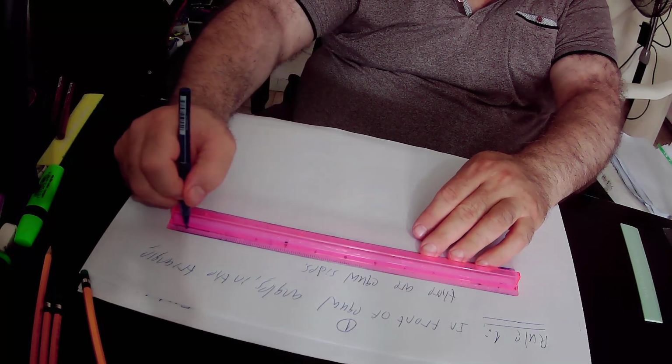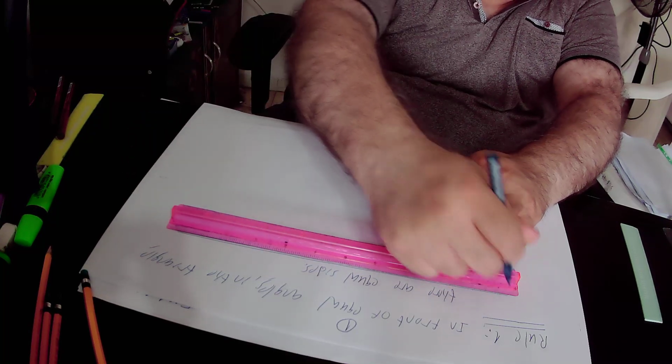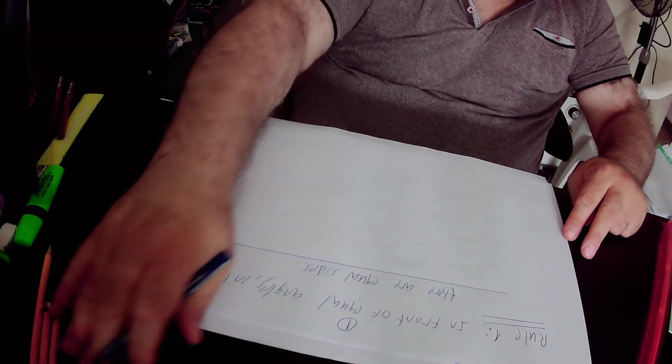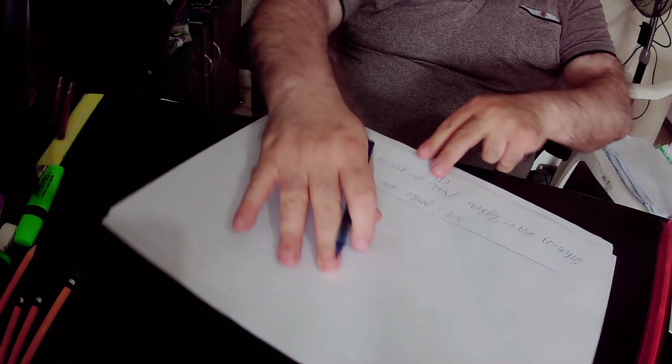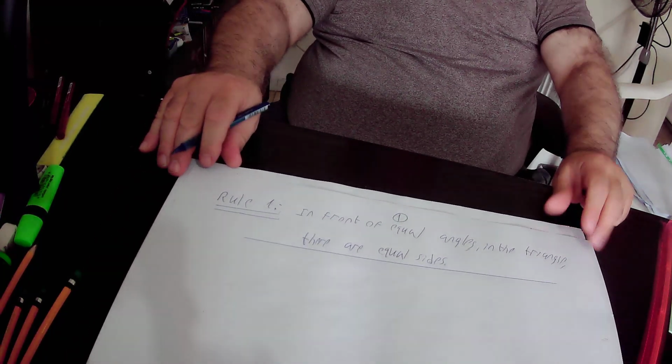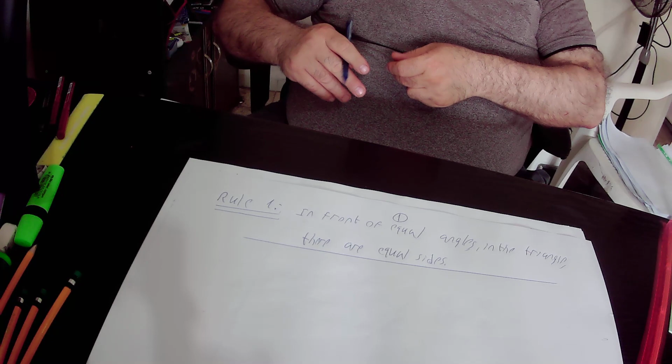I will read rule number 1 again. According to rule number 1, in front of equal angles in the triangle, there are equal sides.